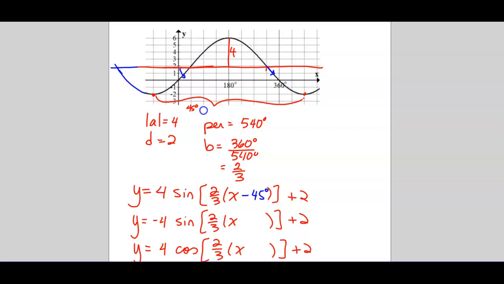So that is, what? Half of this is 270. Okay, so minus 45, I would be going to the left, so that would be a plus. 270 minus 45 is what? 225.